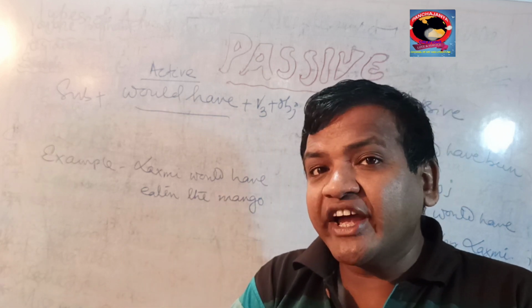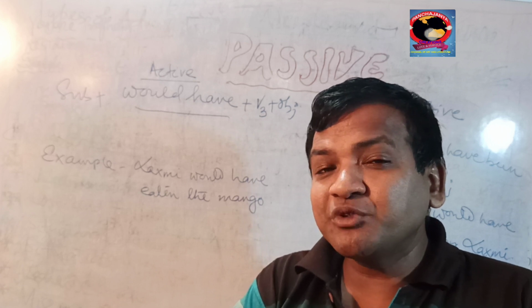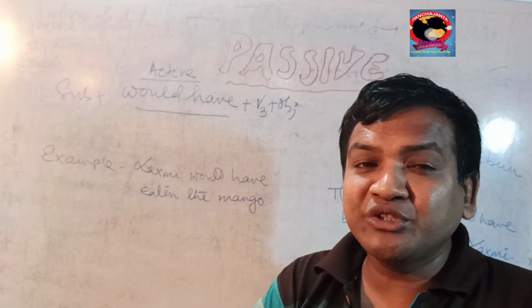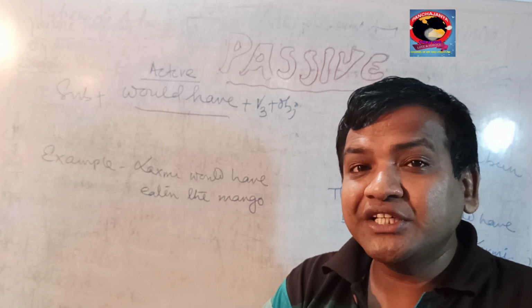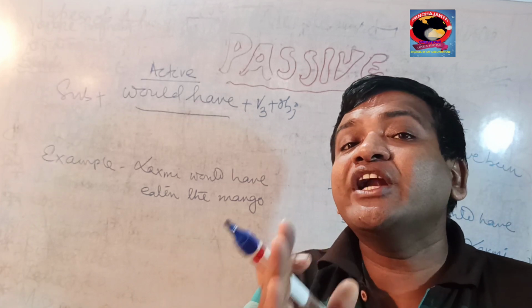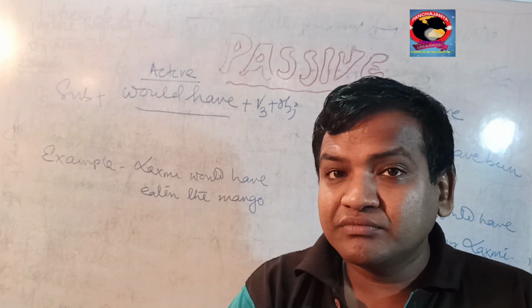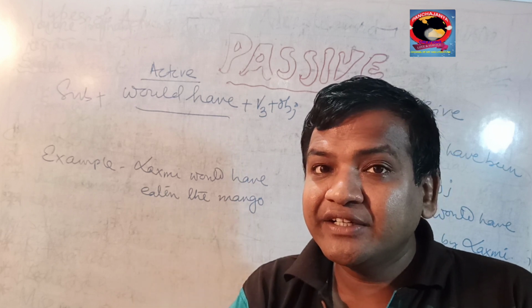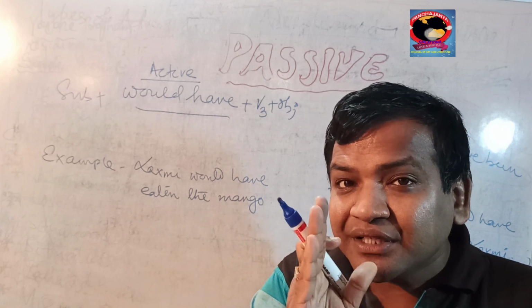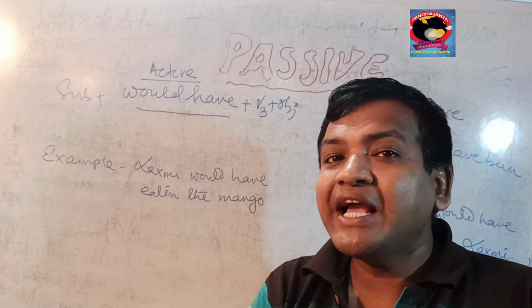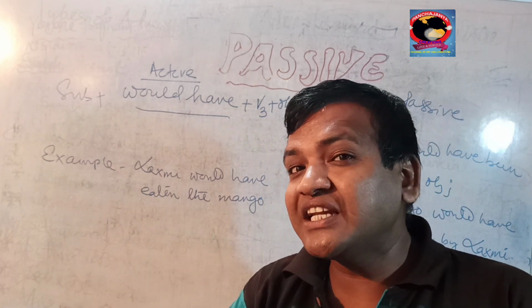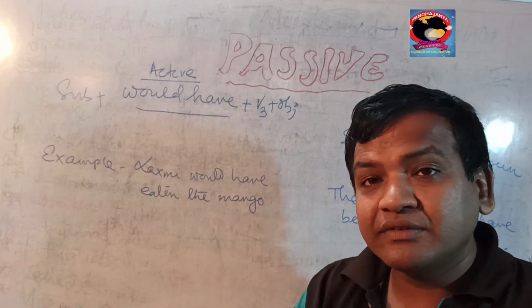You must have remembered when I was teaching you conditionals: if you had called me, I would have come. There would have is there. In the conditional we have used that, would have.